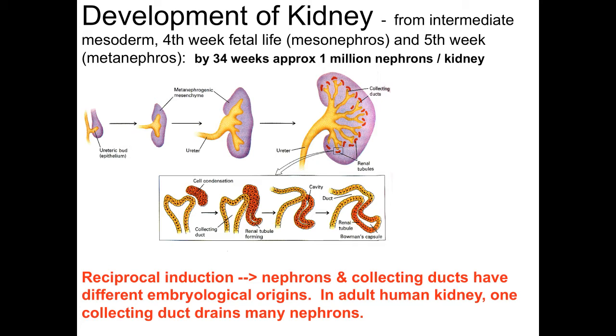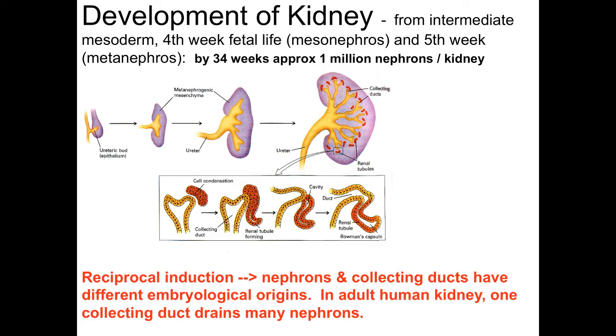A little bit about the development of the kidney. This will remind you of what you had, I think, in the first week of medical school. The kidney arises from intermediate mesoderm during the 4th week of fetal life. There's the mesonephros, and in the 5th week of fetal life there's the metanephros.